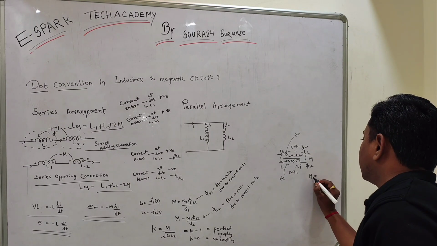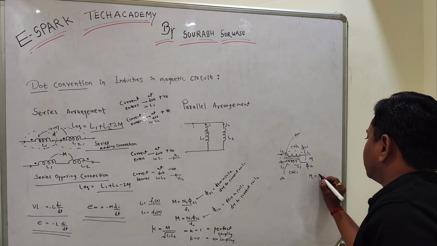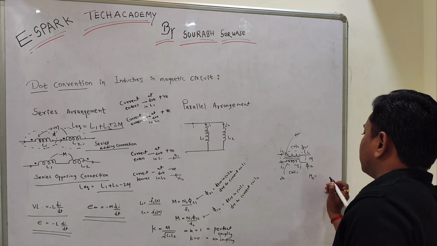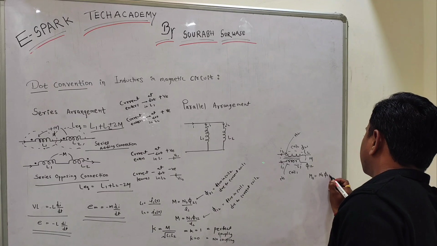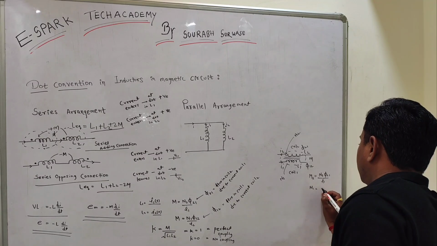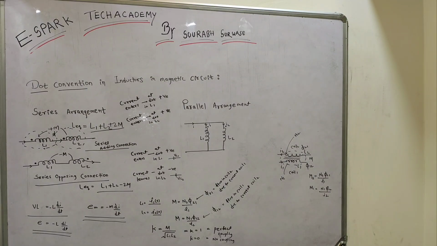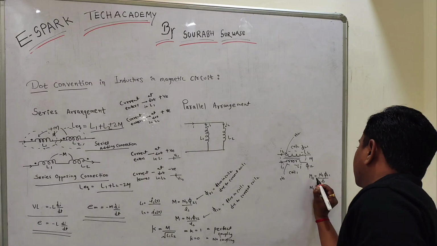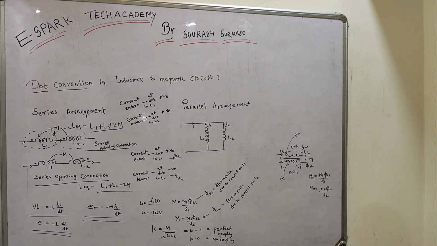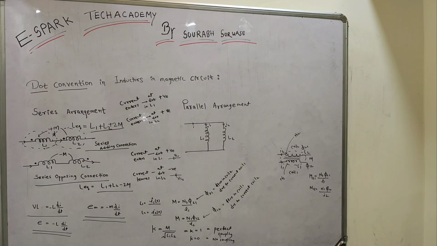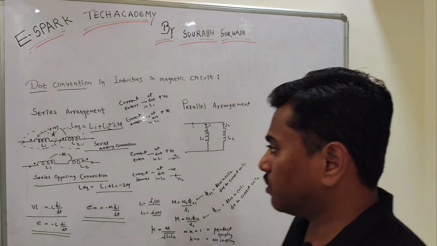In this way you can find M21 and M12, because the current will be the main creator, creating the flux in the next adjacent coil which is mutually coupled to it. So please thoroughly note it down.